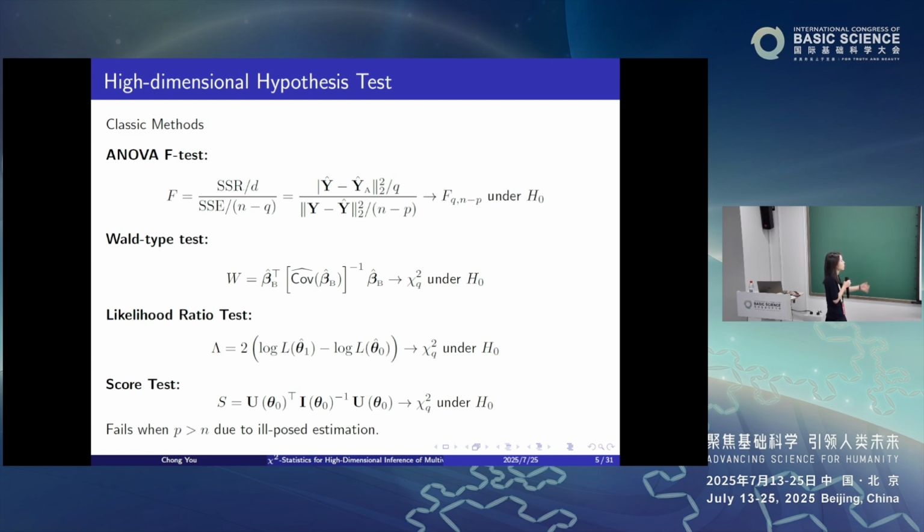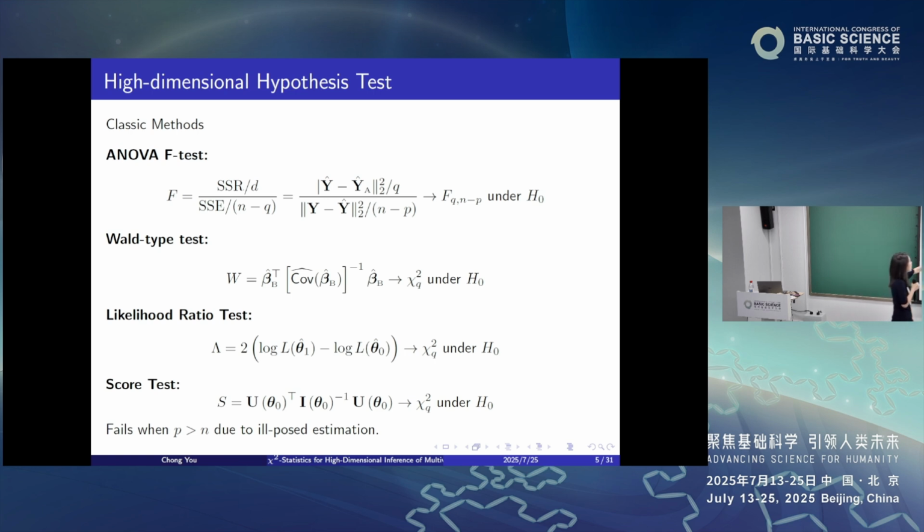Basically, it is the ratio between the regression sum of squares and the residual sum of squares. The numerator is the extra variation that XB can explain, and the denominator is the variance that you cannot explain with the full model.